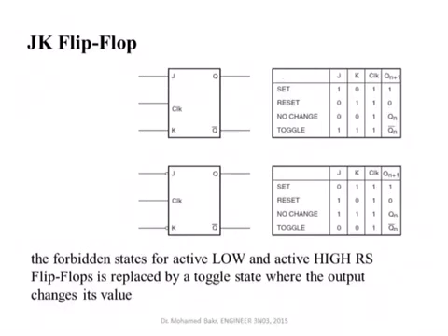No change is simply 1 and 1, because 1 and 1, after you invert them with these bubbles, becomes 0 and 0, meaning Qn plus 1 will be equal to Qn. Toggle is when both of them are equal to zero. And in that case, the new state of the output will be equal to the negation of the previous state.